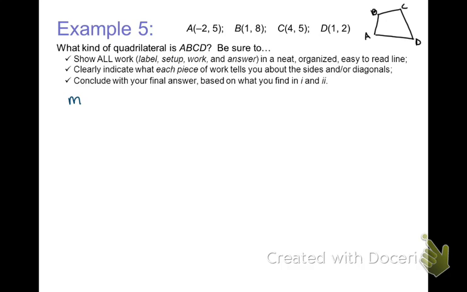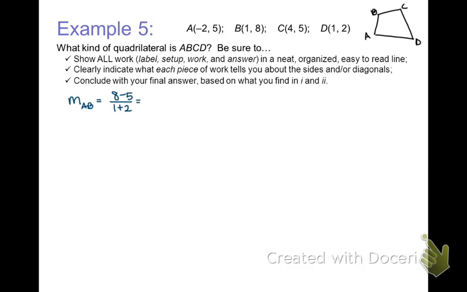Okay, so the slope of AB equals, show me your setup at least. So for AB, your slope setup should be 8 minus 5 over 1 minus a negative, but minus a negative is plus 2. So I'm going to have 8 minus 5 all over 1 plus 2.